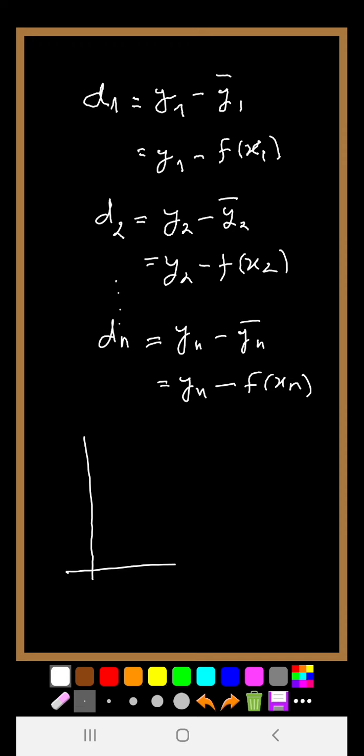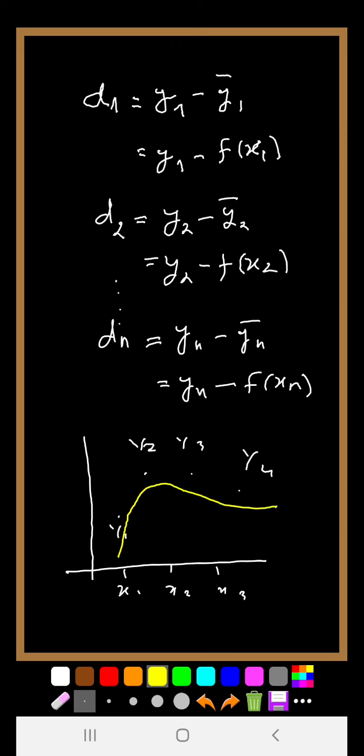So it is something like this. We have a function, say you have x values here, x1, x2 and x3, and corresponding y values, this is y1, this is y2, y3 and y4. So what we do is make an approximate function f(x).